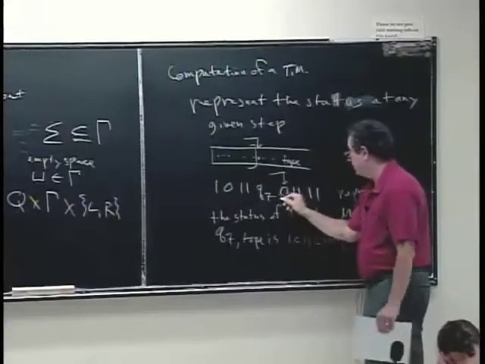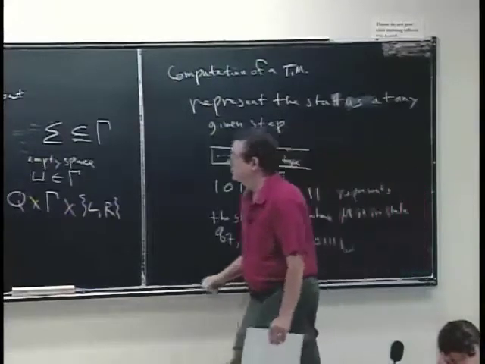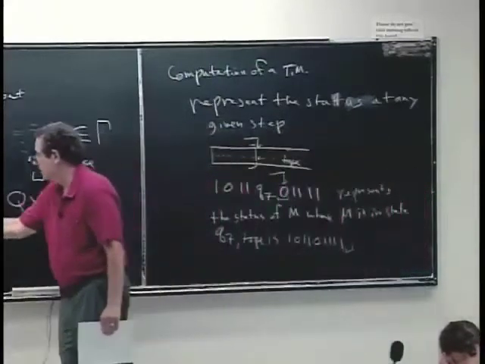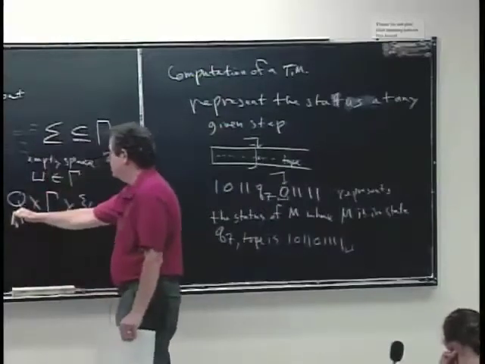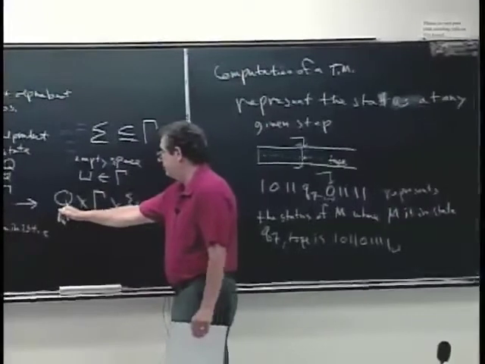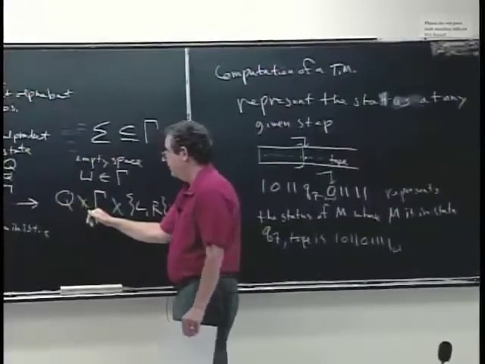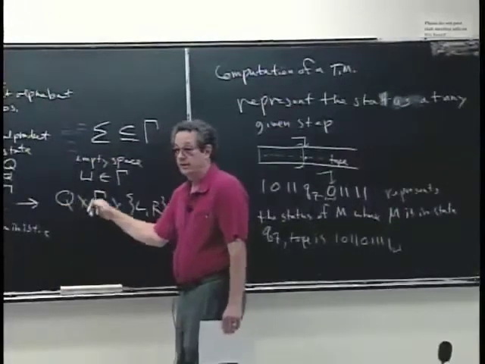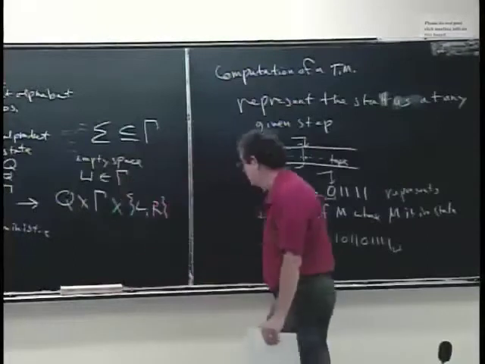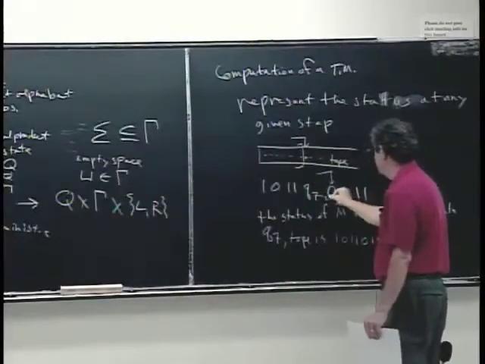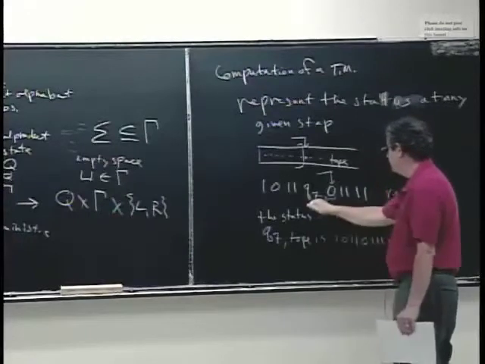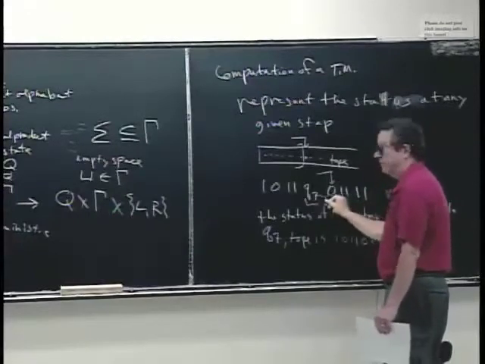Because in a single step, we're going from what state we're in and what symbol we're reading to a state, which may be the same or may be different. And then we write something, but we write it right where the read head is looking. So this is the only symbol that might change, and this might change, so these two might be different.